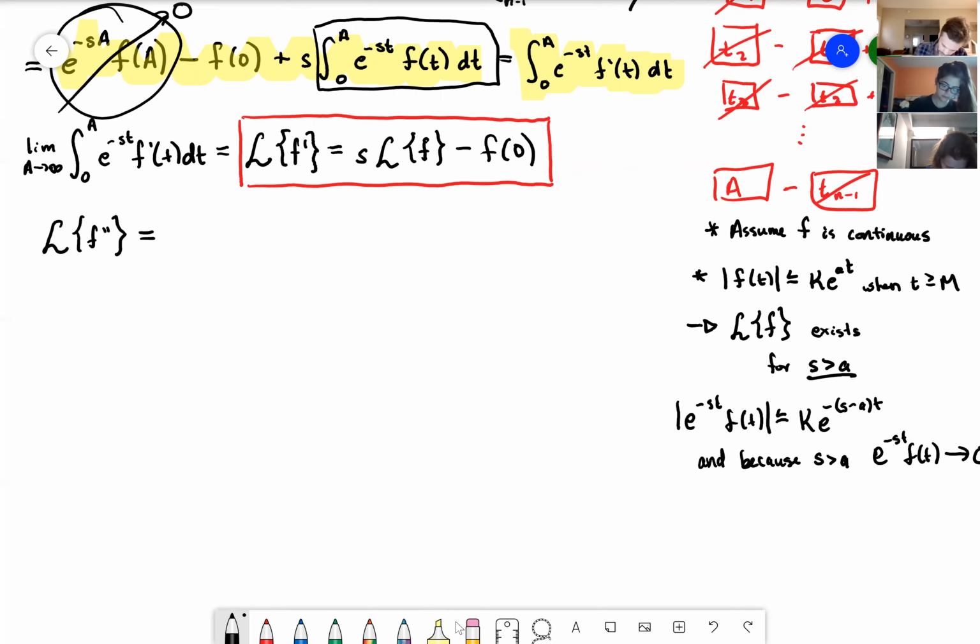So this will be the Laplace transform of f double prime. This Laplace transform will be s times the Laplace transform of f prime minus f prime at 0.